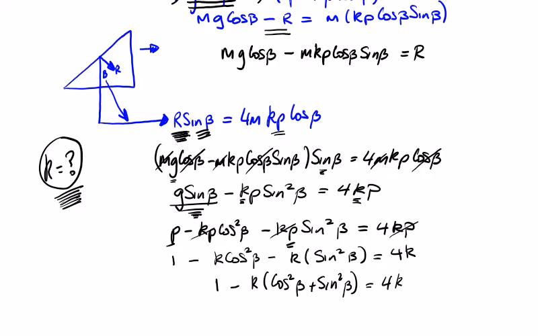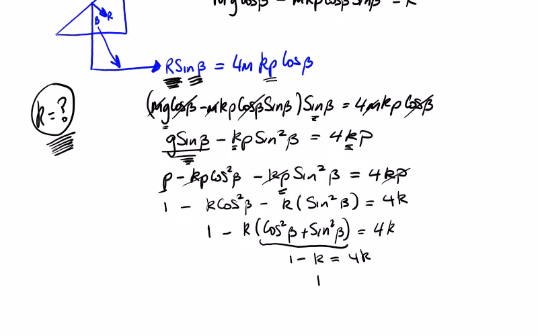So we should now be able to get down to what k is, because we know that this guy is equal to 1. So we have 1 minus k is equal to 4k, which leaves us with 1 is equal to 5k. So we'll get k to be 1 over 5. So be careful, and if you can identify that you're making a mistake, just really change it quickly, because in these questions it's so easy to go wrong.